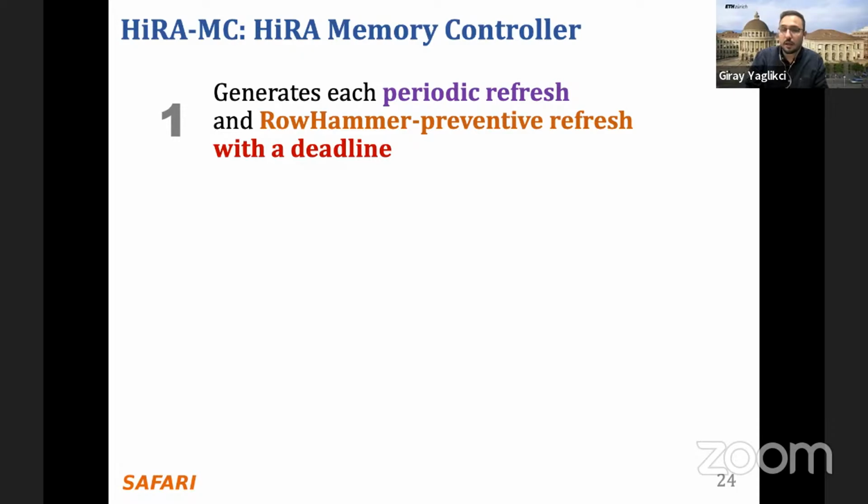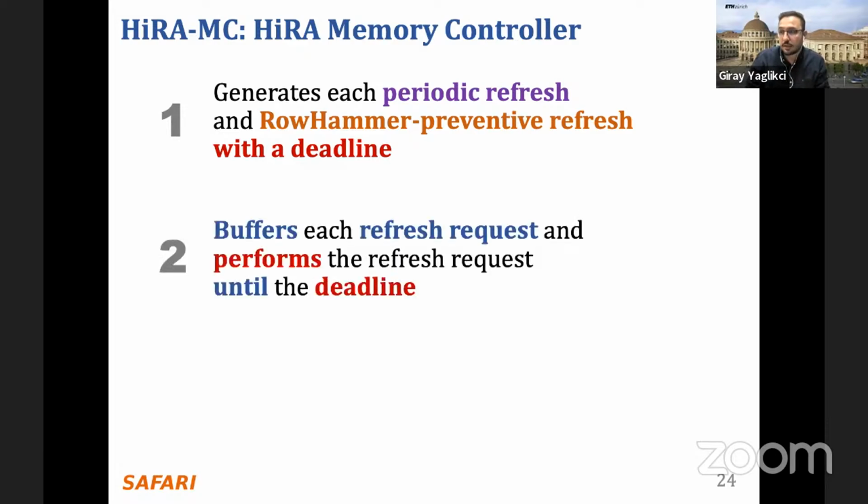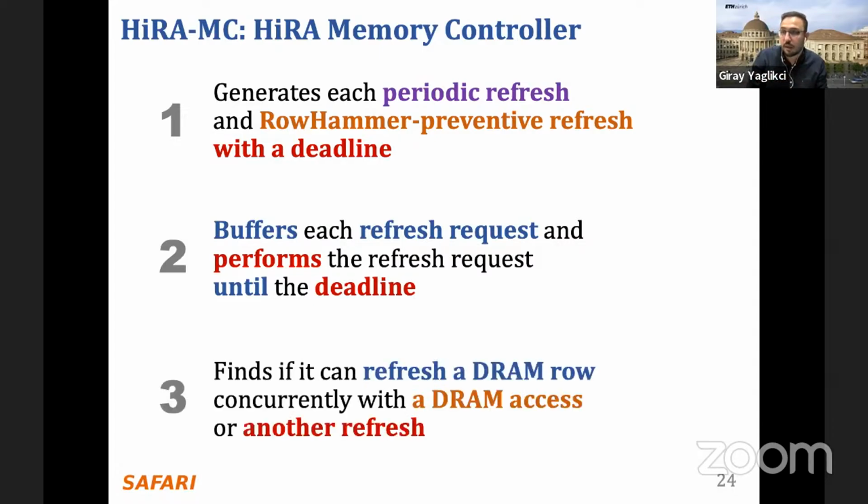We implement all the necessary components in the memory controller to generate each periodic refresh and RowHammer preventive refresh with a deadline, with a time slack, and to buffer these refresh requests and perform them until their deadline.